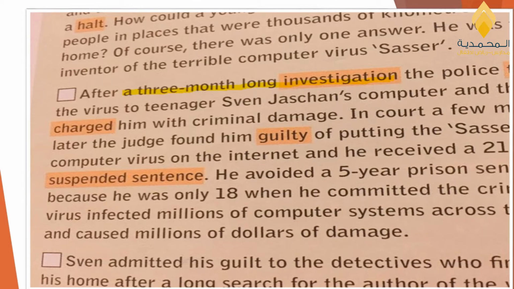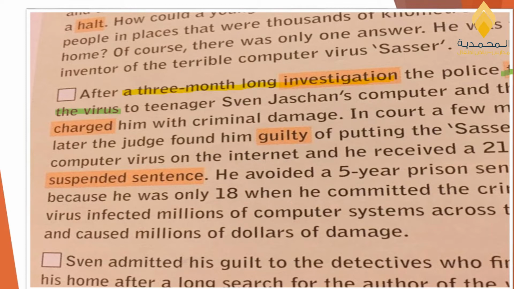A process to find out who or what caused something. After the investigation, what happened? They traced the problem back to that person. So what do we mean by trace the virus? Yes, to find something or someone who you were looking for.